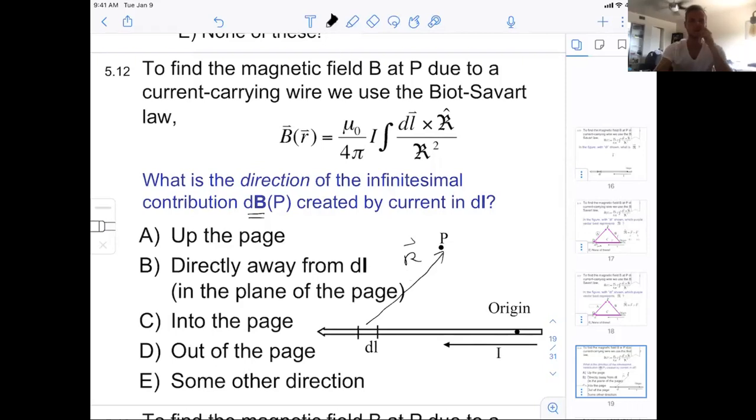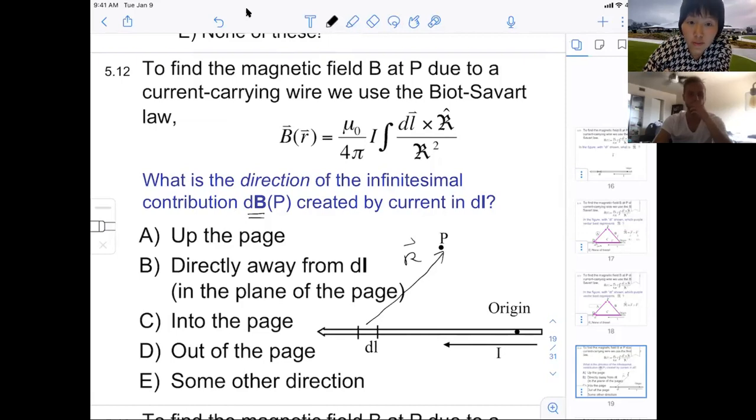Would anybody like to remind us how to do a cross product to figure out dL cross R? Is it just using the right-hand rule? Yes, just use the right-hand rule.